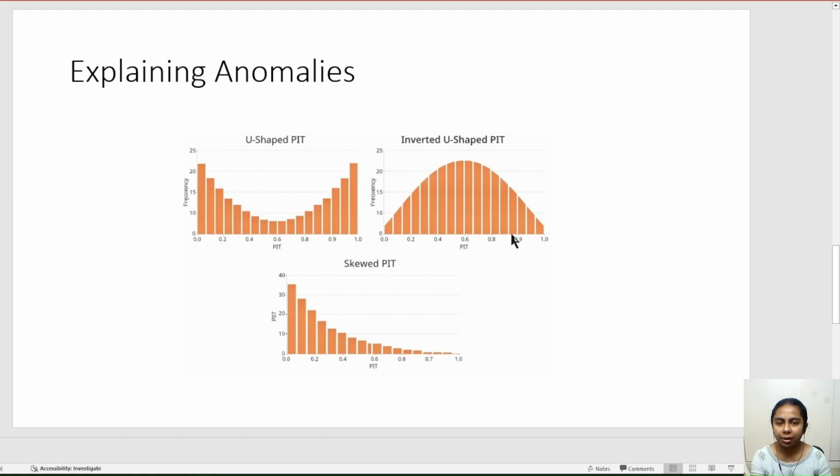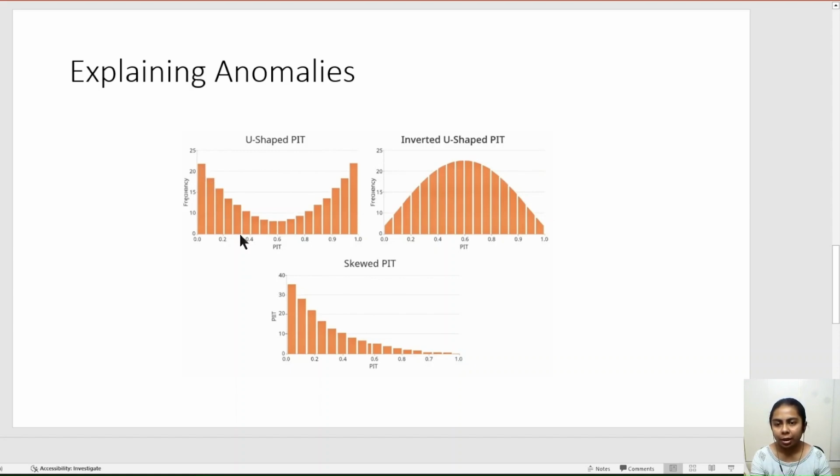And similarly, this is the inverted U shape. Even in this case, the outcomes are more concentrated at the center rather than the tail. An inverted U-shaped PIT underestimates the tail risk.